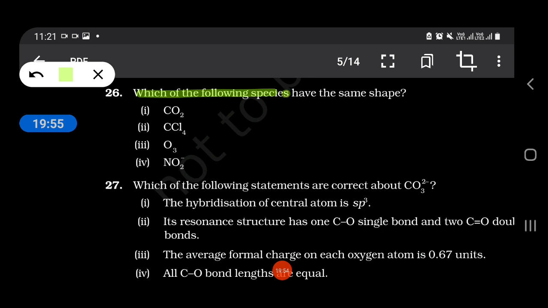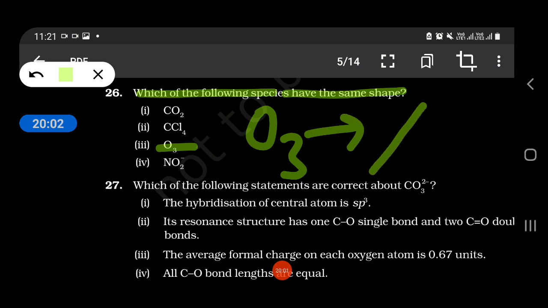Which of the following species has the same shape? O3 is like this.